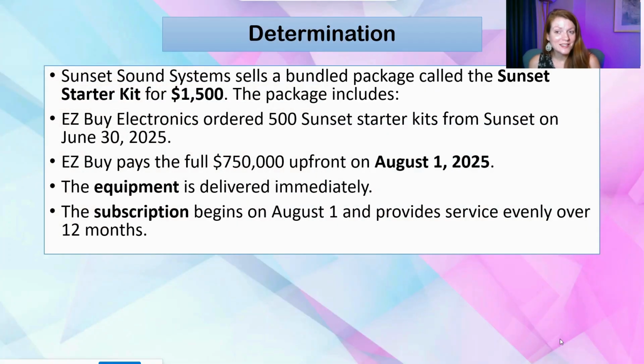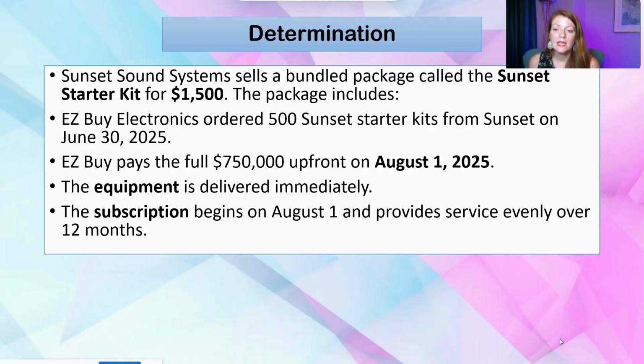So Sunset Sound Systems sells a bundled package called the Sunset Starter Kit for $1,500. That package includes the studio subscription and the equipment. Easy Buy Electronics ordered 500 Sunset Starter Kits from Sunset on June 30th, 2025.